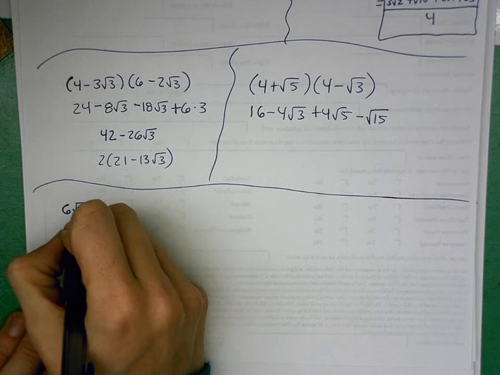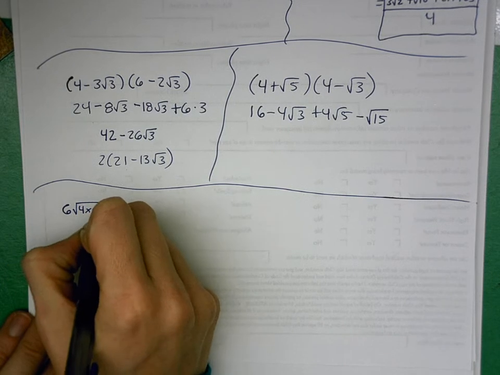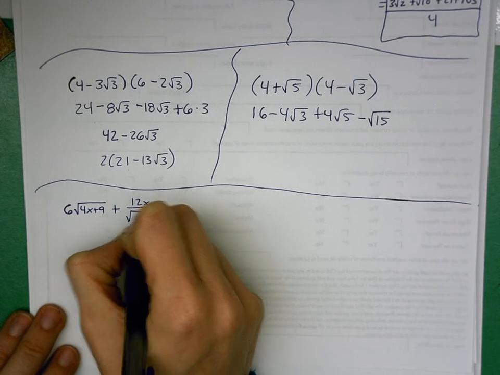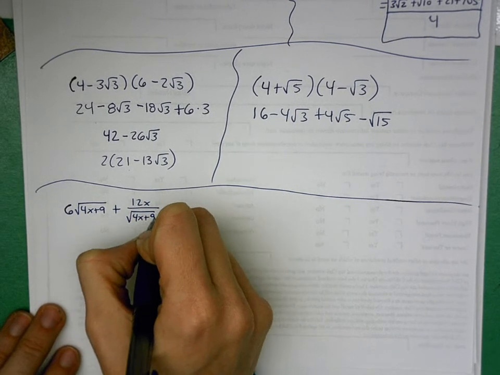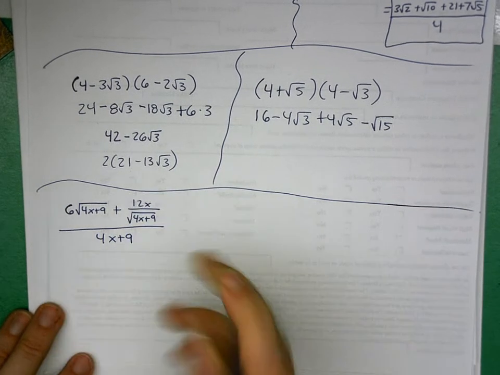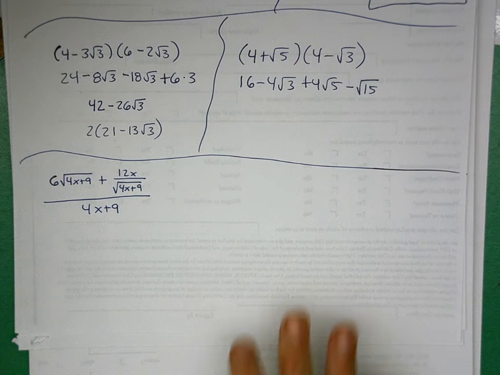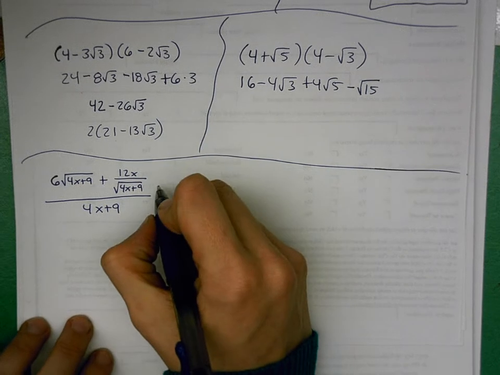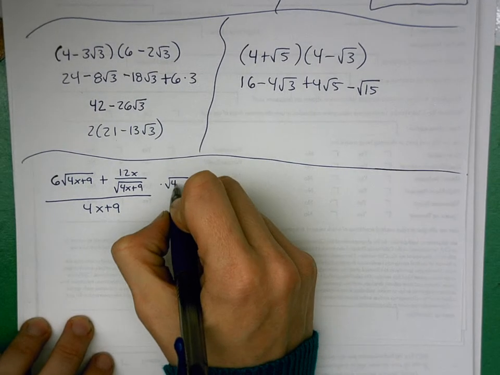So we have 6 times the square root of 4x plus 9 plus 12x over the square root of 4x plus 9, all divided by 4x plus 9.